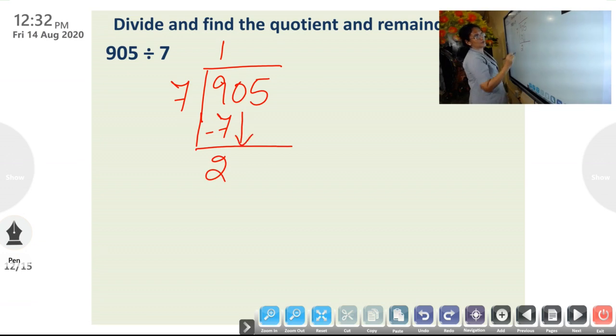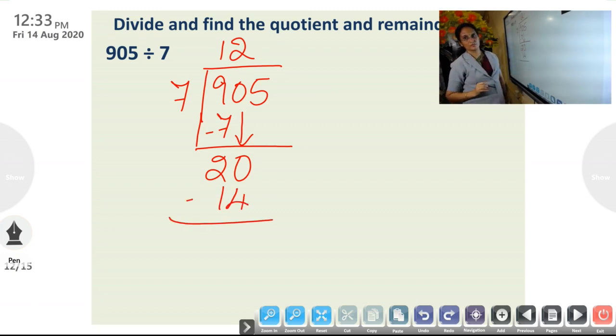Along with this remainder 2, bring down 0, it becomes 20. How many 7s are there in 20? 2 7s are 14 and 3 7s are 21. So you can take only 2 7s. Okay. Then subtract 20 minus 14, you are getting 6.